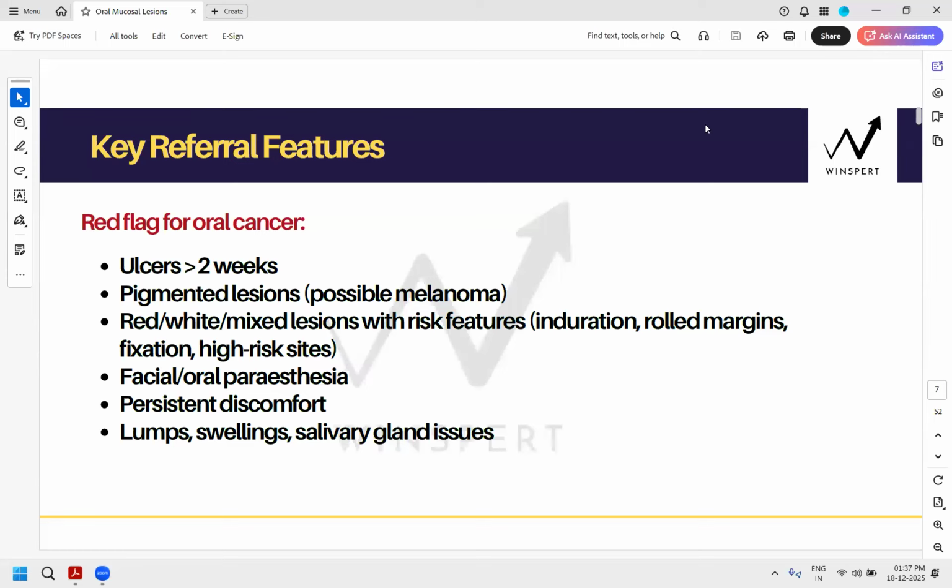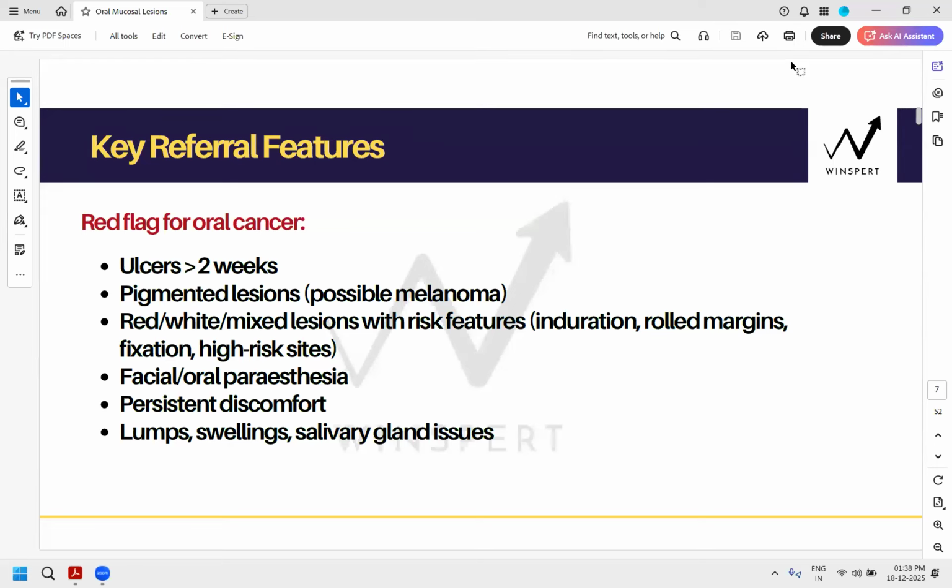Any lesion which is mixed, red and white, indurated, rolled margins, fixated, and present on these high risk sites. Pigmented, ulcer lasting more than 2 weeks, associated paresthesia, associated nerve involvement, again high indicator of malignancy.